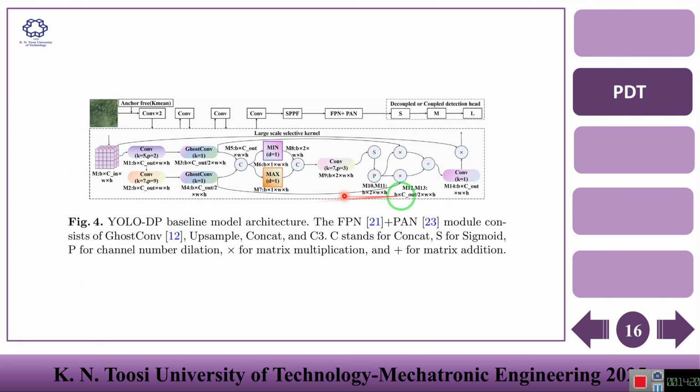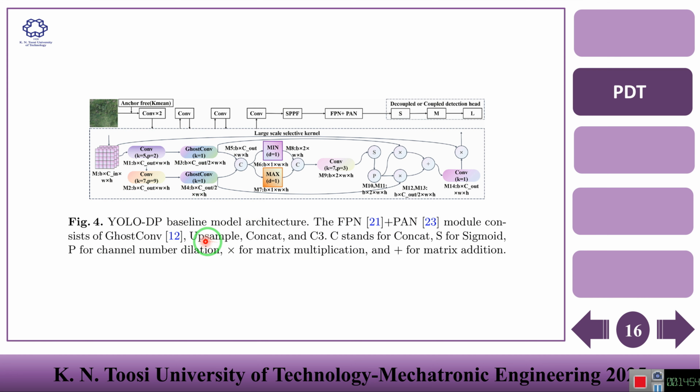This is the overall structure of the YOLO DP baseline model architecture, which this paper has used and developed. We have FPN and PAN modules being used that consist of GhostConv, which is here, which is the initial step of our data being fed into the model.